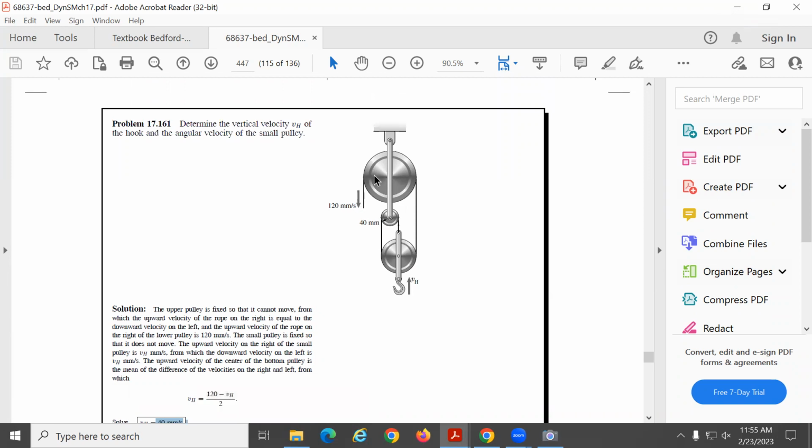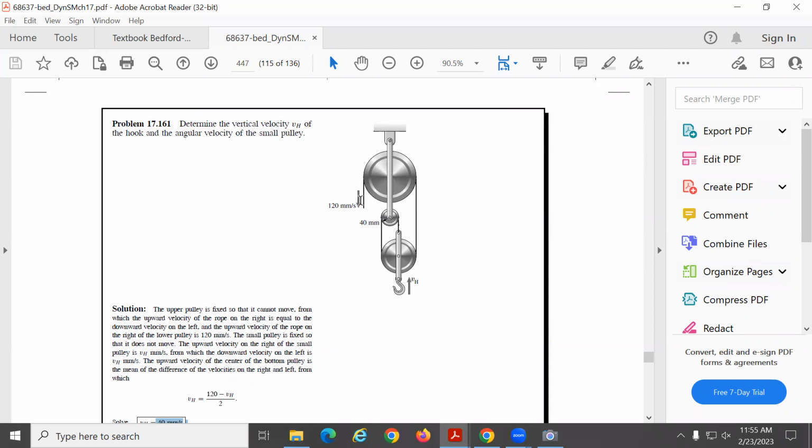Oh, but we don't know the radius of this one. Right. Oh, so it's 120, 120, so they look from here. 1, 2, 3. Yeah, that makes sense. Yeah, I see what they've done. So basically, what they've done over here is that this pulley over here is fixed. So really, what is this pulley doing?